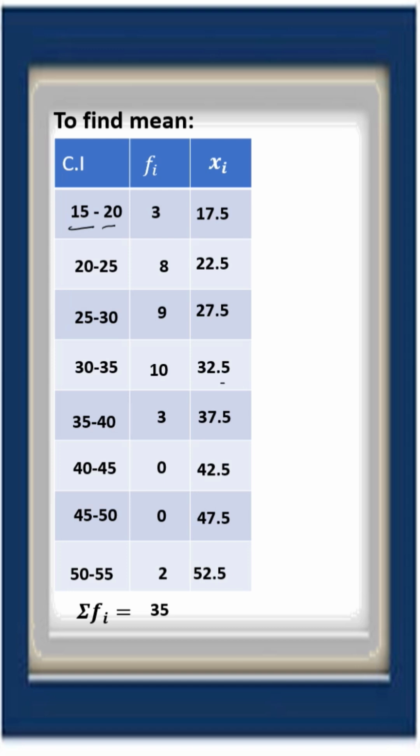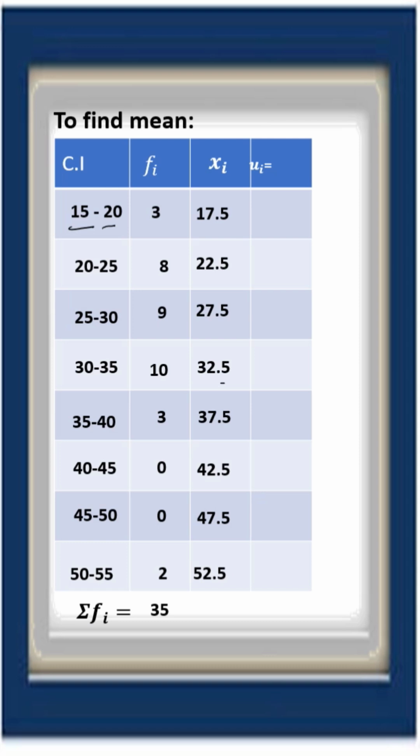52.5. Now let us add one more column for ui, since we are following the step deviation method. ui is equal to (xi minus a) upon h. So now let us assume a mean. 32.5 is the assumed mean. Now 17.5 minus 32.5, what will you get?